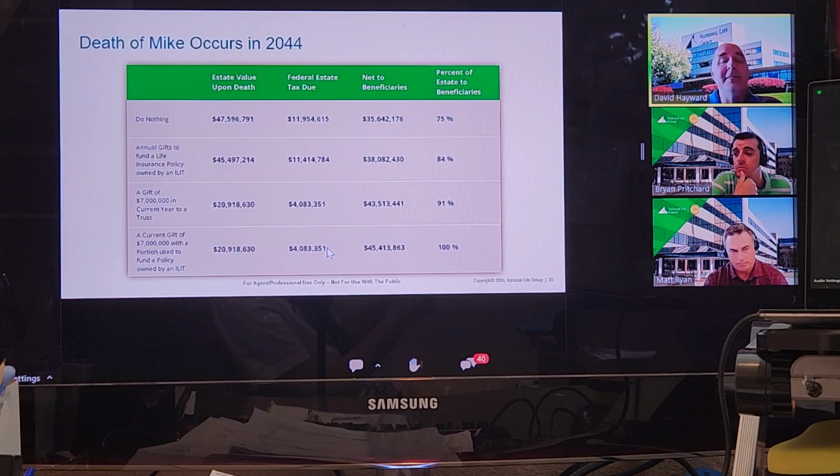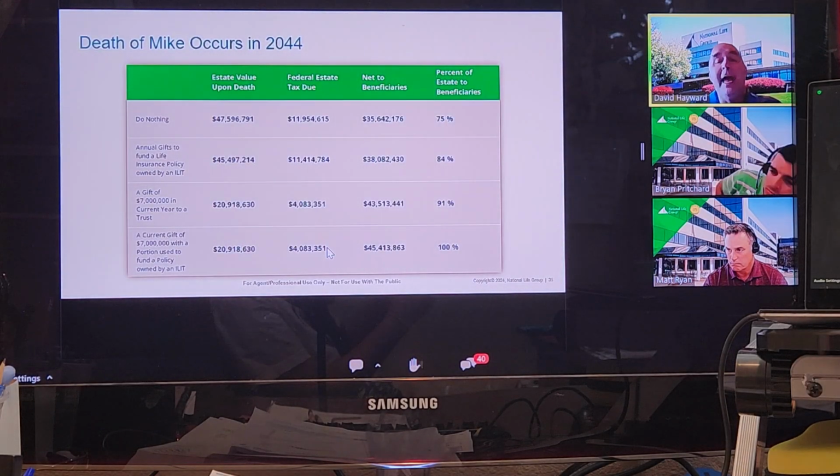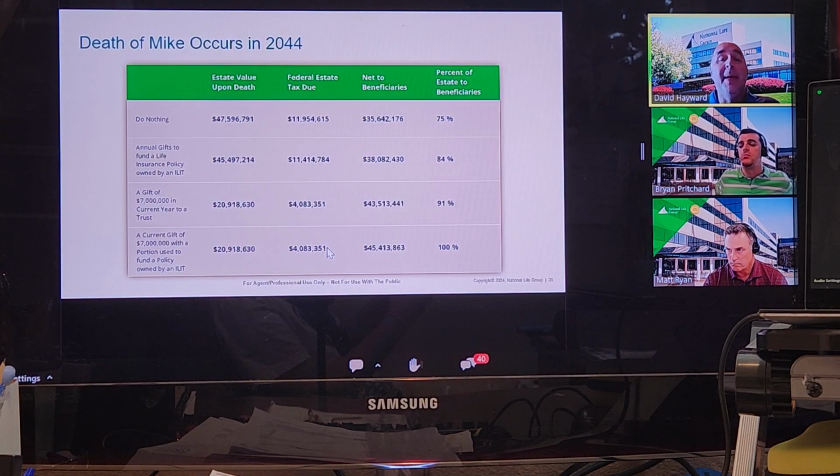That means that your taxes that are due are substantially less than if you had kept everything yourself at $47 million. So now the IRS is only going to take $4 million. That happened to be around the $4 million that's due, so your beneficiaries are going to receive $43 million of your net estate because they get the $7 million plus all the growth that happened. So that puts you to 91% in this particular example.